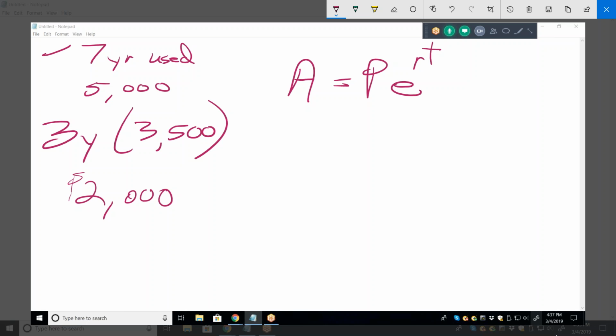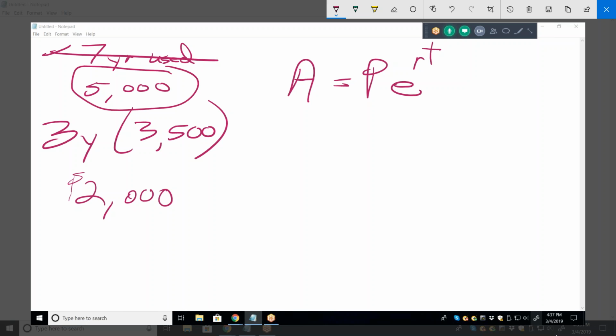So that information is irrelevant unless they give us an original price, in which case we would be able to calculate the depreciation in that 7 years. But they didn't give us. So we're going to treat it like it's a brand new car, $5,000.